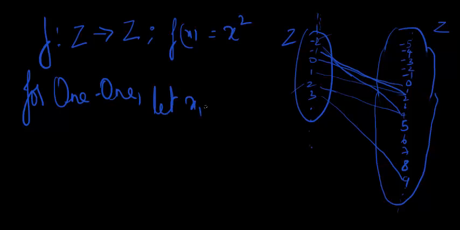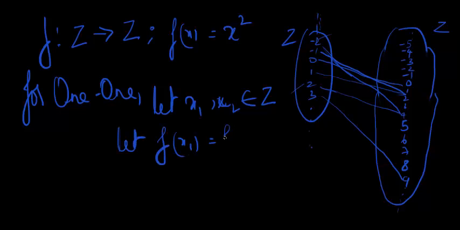Let x1, x2 belong to the domain, which is Z in this case. And then I'm going to say let f of x1 be equal to f of x2. Now when f of x1 is equal to f of x2, I'm trying to say that x1 square is equal to x2 square, isn't it?